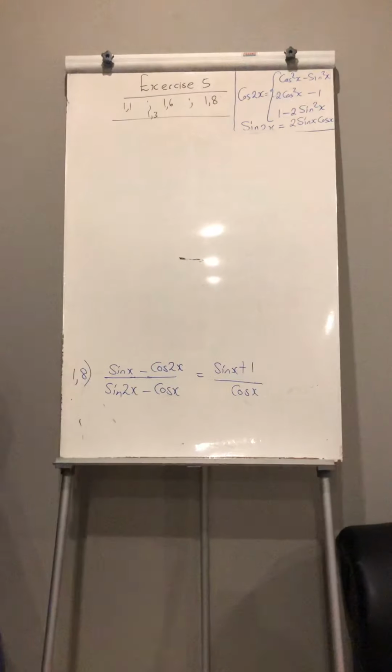So sine x is very easy to copy down, but now we have to think. On the numerator, we want sine x plus 1 to remain. Since sine x plus 1 is here, you may have to expand cos 2x with mostly sine. So of the 3 expansions you've got, you have to choose the one that has sine on the end numbers, likely. So it would definitely be this third one.